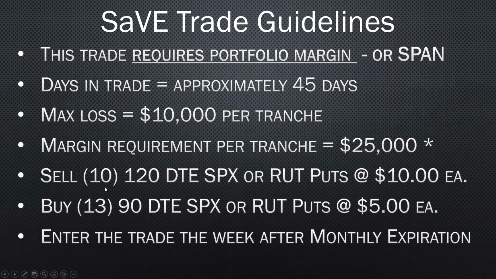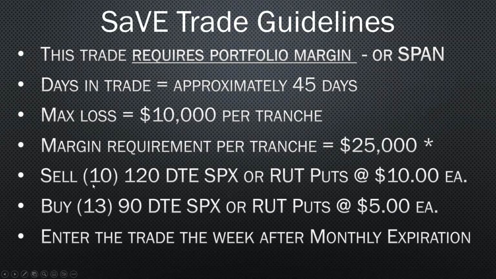In the SaVE trade, you're going to go out 120 days till expiration, and we're going to use the SPX. You can use the Russell, but we're going to stick with the SPX. It is a much more stable security to use. The Russell tends to be a little bit more volatile.